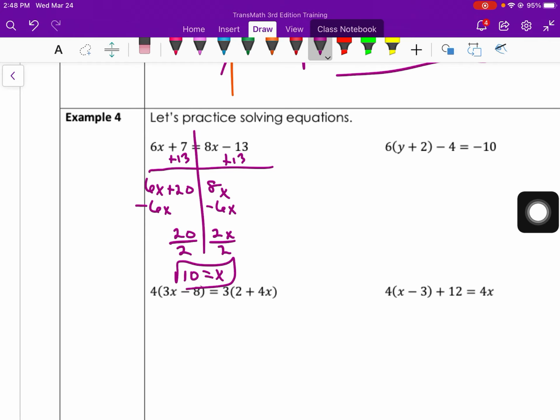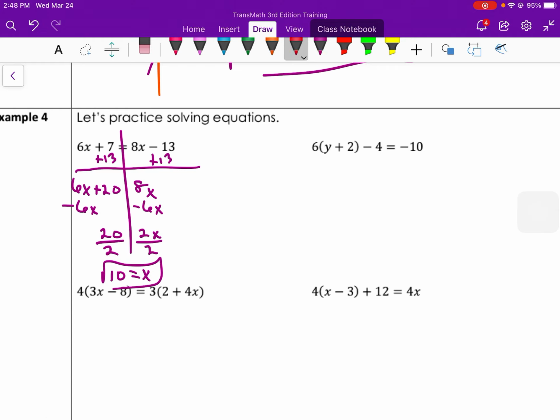There is also that case. That's still a possibility, and I hope that's clear. This next problem, we would start by distributing, at least I would. That's just what I noticed first. 6 times y plus 2, so 6 times y is 6y, plus 6 times 2 is 12, minus 4 equals negative 10.